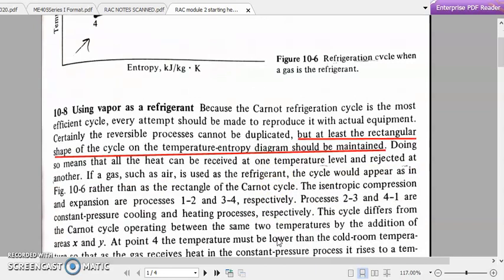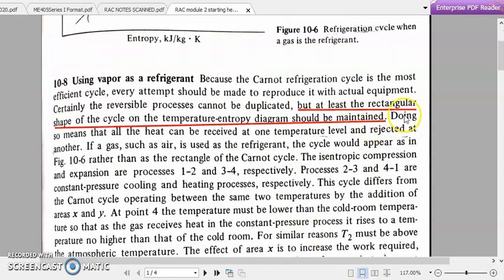So how can it be attained? If the rectangular shape is to be maintained, the heat should be received at one temperature level and rejected at another. But in our module 1 we discussed a gas such as atmospheric air as the refrigerant or the working fluid.